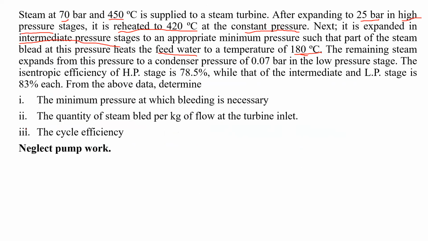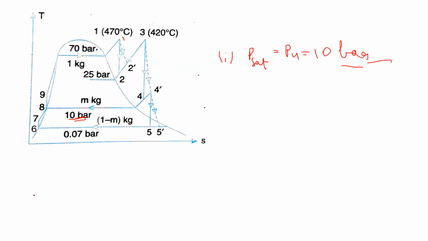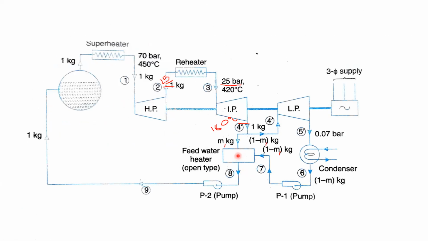Then you have to find the quantity of steam bleed, how much steam bleed you are taking from the turbine. For this, you have to apply an energy balance equation at the open heater. It has two inlets and an outlet. The inlet energy coming to the open heater is equal to the outlet energy leaving from that open heater.